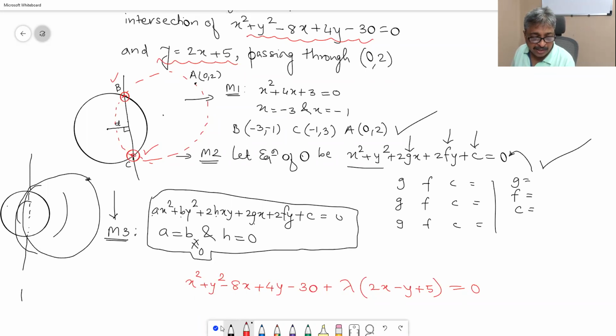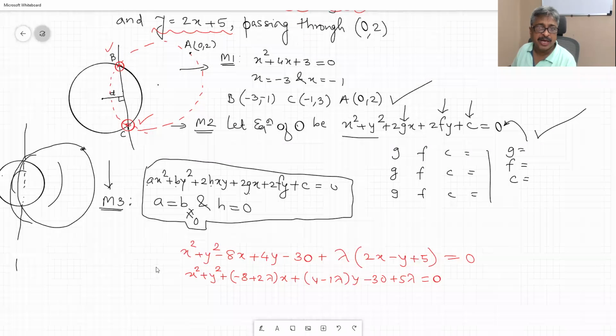C also satisfies this equation. And now let us look at this equation and check whether it is the equation of a circle or not. If I want to rewrite it, I can write it like this: x square plus y square plus (minus 8 plus 2 lambda) times x plus (4 minus lambda) times y minus 30 plus 5 lambda is equal to 0.